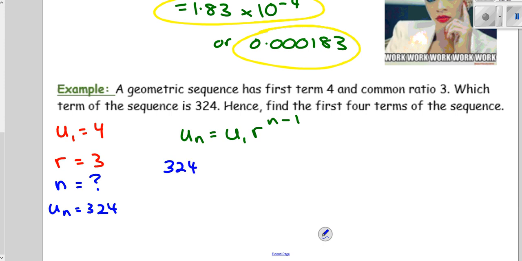That's definitely going to get you a mark. U of n equals, then the u of 1 is, yep, good, 4. And if you want to, you can put a multiply if you prefer, if it helps, or you can put brackets. 4 multiplied by 3. It's not wrong if you put 4 times 3, but you can do it like that too. And n is what we don't know.